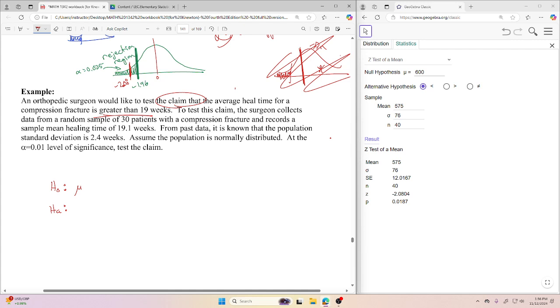Oh, well, yes, you're already right. Let's do the mu and the 19. And my claim down here is right here. What would I put in this space? Greater than. Therefore, H naught is less than or equal to, yeah. Does it make sense? I'm working backwards on that because you always start with the claim.